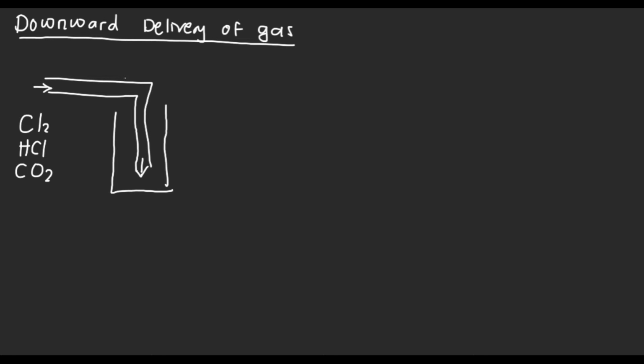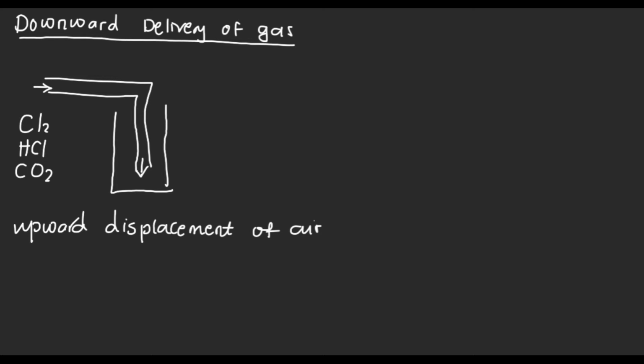This method is sometimes known as upward displacement of air. I want you to see the difference. If you use the language downward, it has to be delivery of the gas.